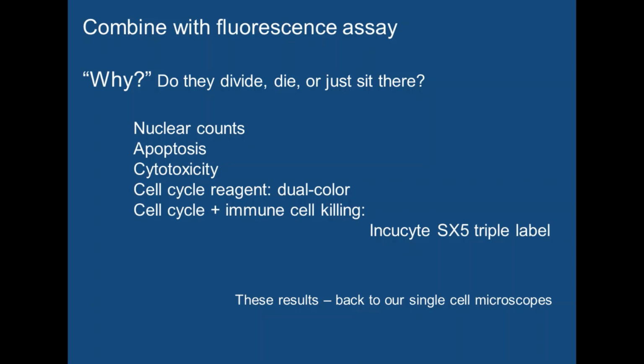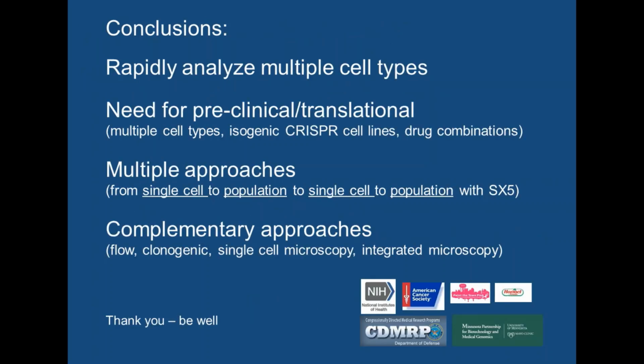We're always looking to get from these population studies back to our single cell microscope, but the more information we can get from a population very rapidly, that makes it easier for us to go back to that single cell scope. And finally, I'd like to conclude with how we feel like this instrument is really added into our live cell workflow.